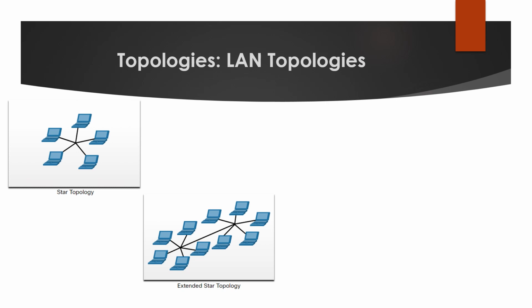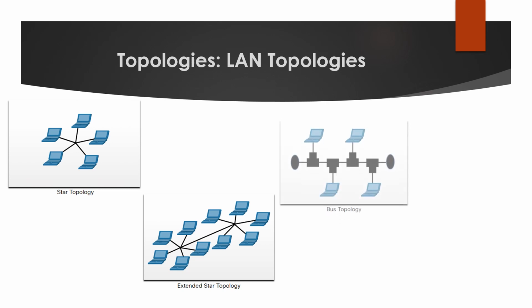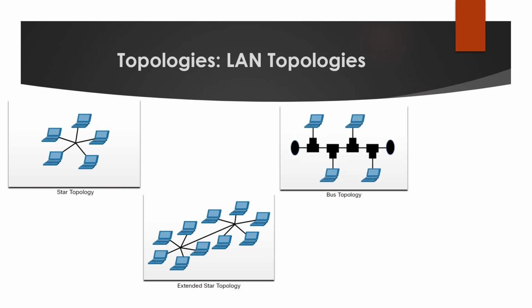But we have even legacy LAN topologies, where early Ethernet and legacy token ring LAN technologies included two other types of topologies. The first one is bus, where all end systems are chained to each other and terminated on each end. Infrastructure devices such as switches are not required to interconnect the end devices.